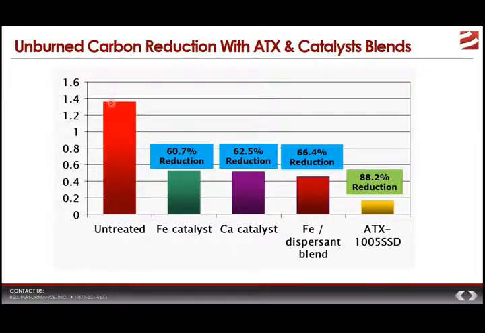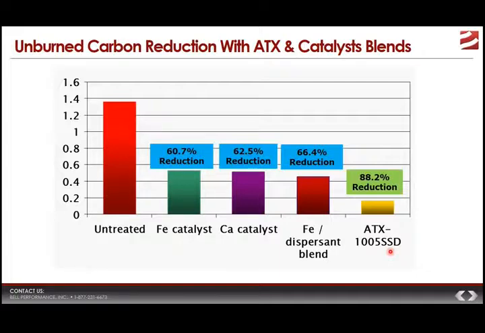They took the same fuel, same conditions, added an iron combustion catalyst. Boom, 60% reduction in the unburned carbon that's left. Same for calcium, 62% reduction. When they took iron and mixed it with a dispersant and then burned it, they got a little bit more. They got 66%. When they added ATX 1005 SSD, that has, I believe, 3 different metallic combustion catalysts, they got an 88% reduction in unburned carbon.